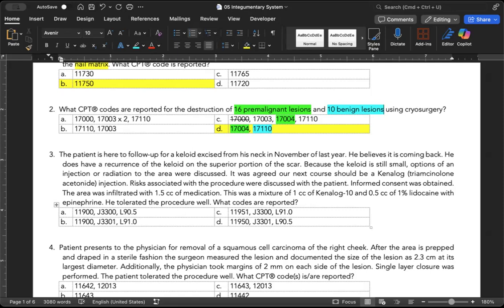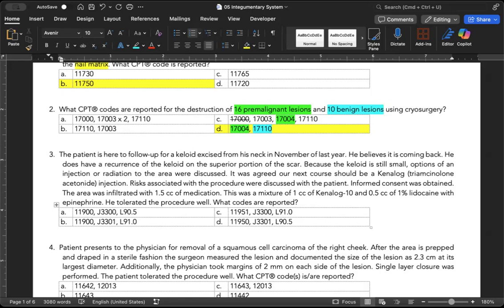The 11900 code description is an injection, intralesional, up to and including 7 lesions. So do we think we should use that? Or if you're not sure, because this one is a little wonky, right?